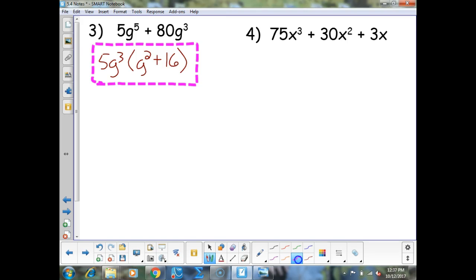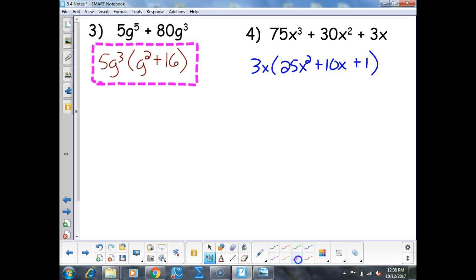Number 4. GCF? 3x. So that leaves 25x squared plus 10x plus 1. Is that factorable? Yes? Okay.